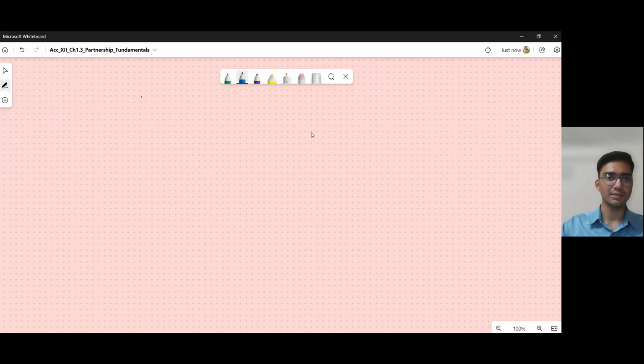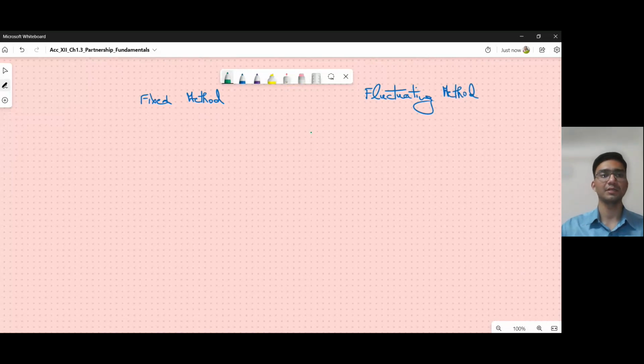So let's write the two methods, fixed and fluctuating method. These are our two methods that we have seen. Now, there will be some bases on which we will differentiate. Let's write the bases on the left-hand side.